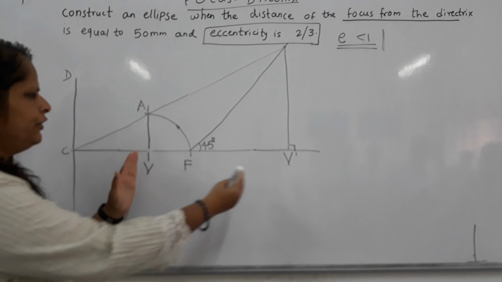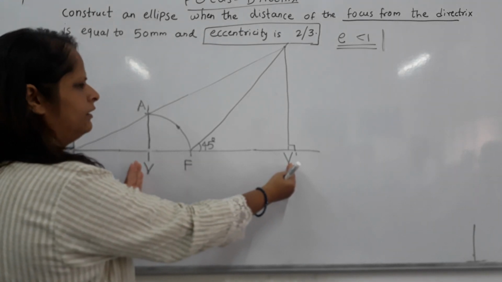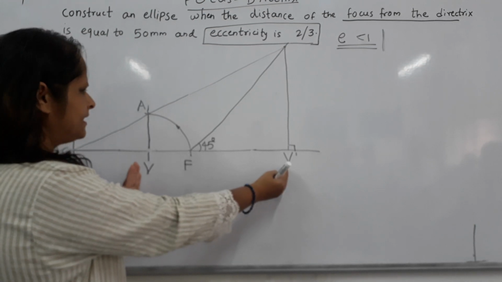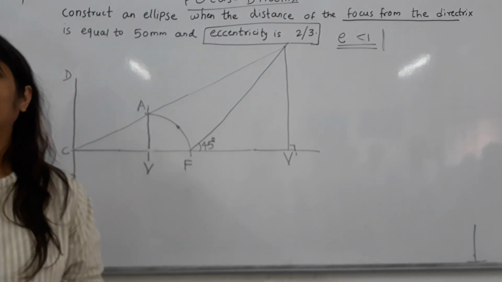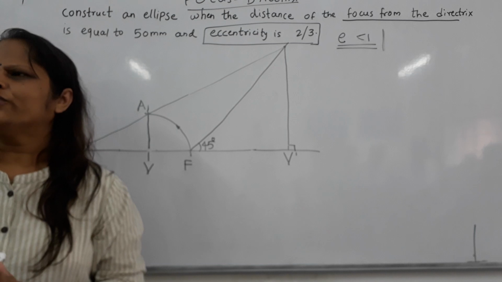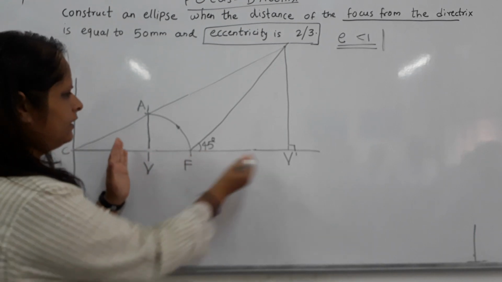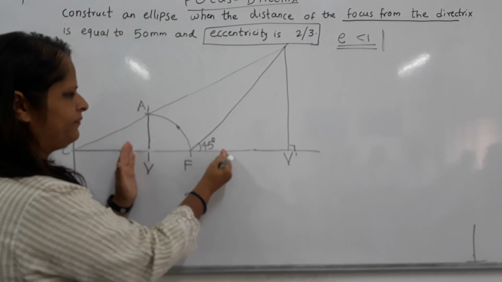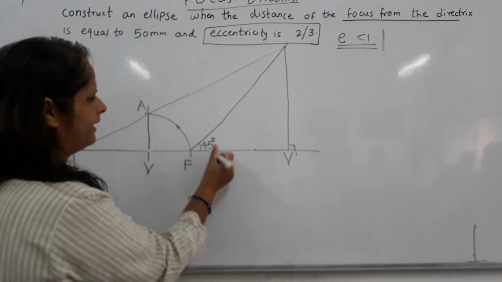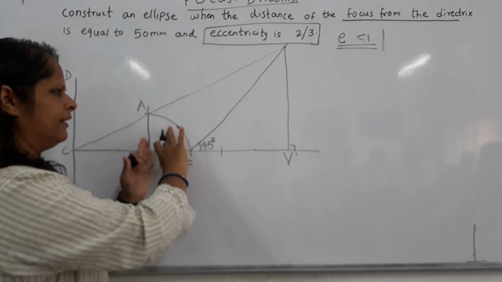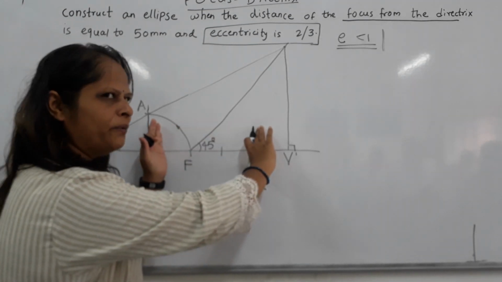What you can do, you divide this into equal 7 to 8 parts. Okay? Divide this line segment into 7 to 8 parts. Not necessarily should the parts be equal, but what is important, listen carefully: find out the mid at least. And whatever points you are getting here, other points are mirror copies of this.